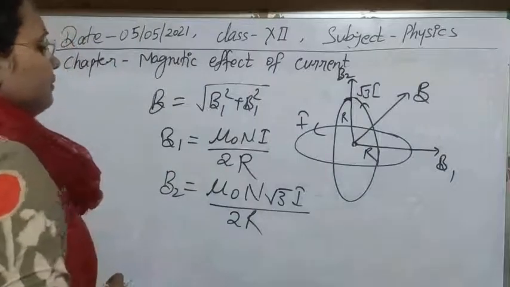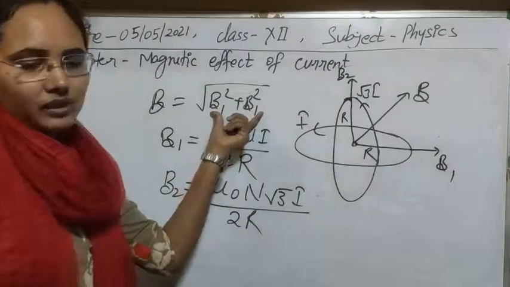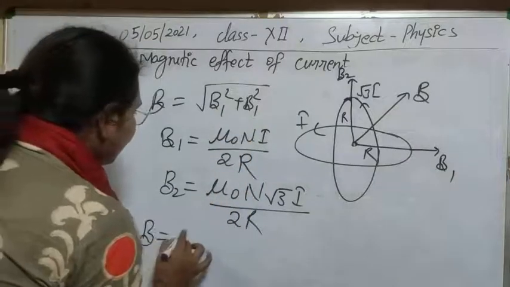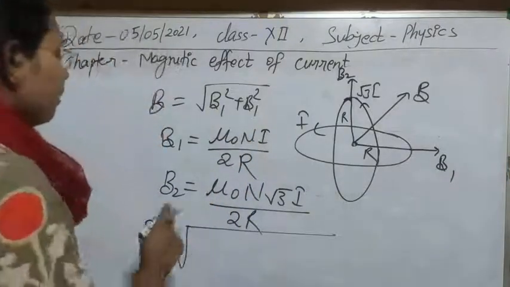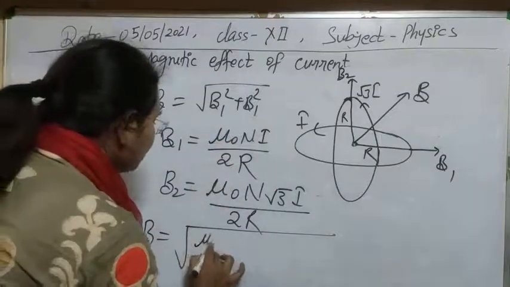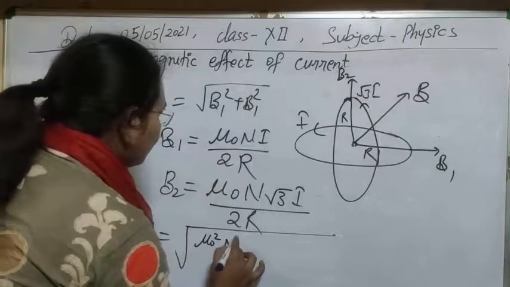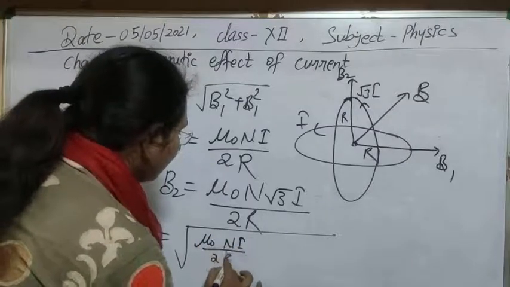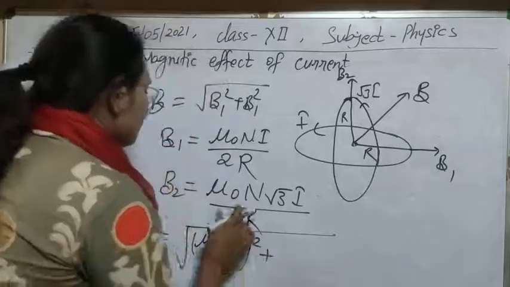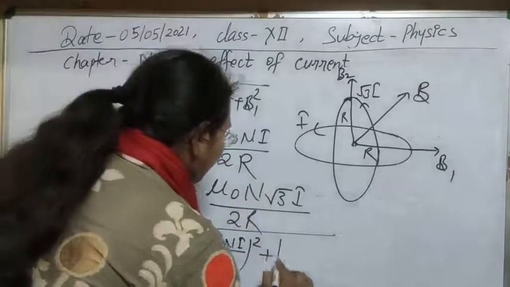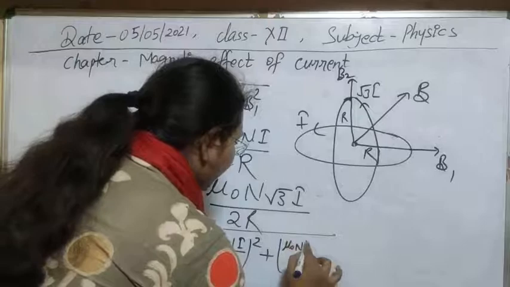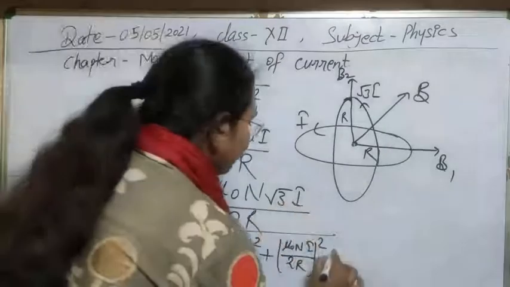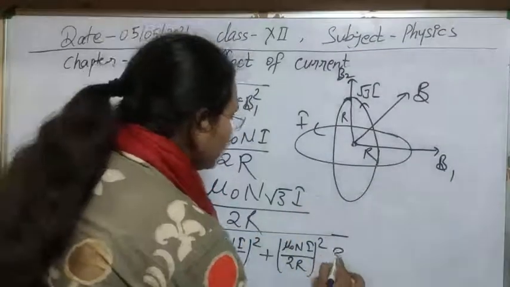Now we can write the values for the magnetic field. B will be equal to root of B1 square plus B2 square, so mu 0 Ni upon 2R whole square plus this one whole square. Here mu 0 Ni upon 2R is common, and if you take root 3 square, then this will be 3.